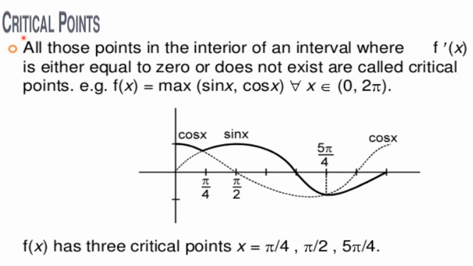Right. See these critical points. All those points in the interior of an interval where f dash of x is either equal to 0 or does not exist are called critical points. Example: f of x is equal to maximum of sin x, cos x for all x belonging to the open interval 0, 2 pi. If you take this example, the maximum of the values of sin x and cos x in the open interval 0, 2 pi, the graph is like this.